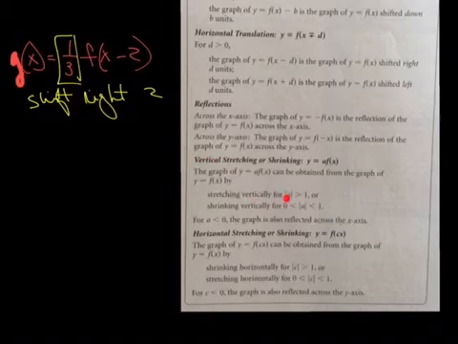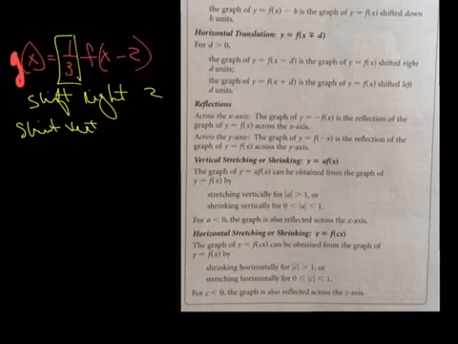If the number is bigger than 1, it's going to stretch. If it's less than 1 but bigger than 0, so therefore if it's a fraction and it's positive, it's going to shrink vertically. So it's going to shrink vertically. Okay, so I know what it's going to do there.